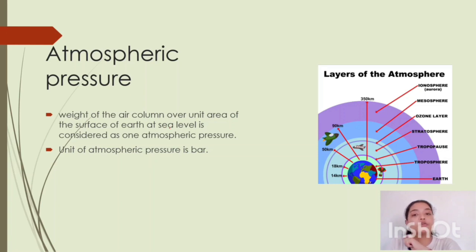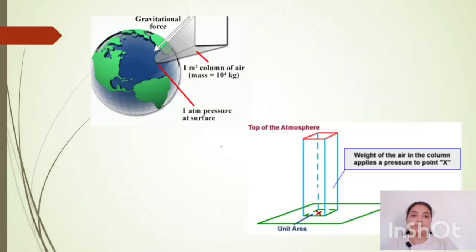The unit of atmospheric pressure is bar. Let's have an example. Here I have the earth and I have considered a column of air on the earth. Let's take this column in this ray diagram.